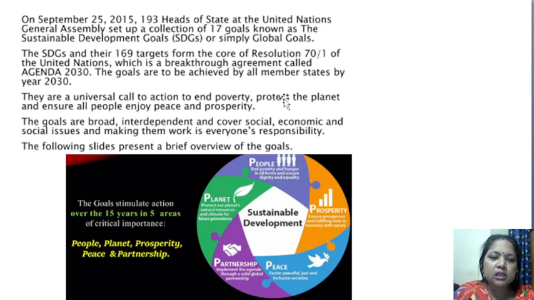They are a universal call to action to end poverty, protect the planet and ensure all people enjoy peace and prosperity. The goals are broad, interdependent and cover social, economic and environmental issues, and making them work is everyone's responsibility.